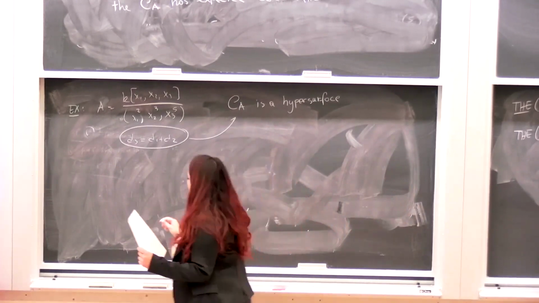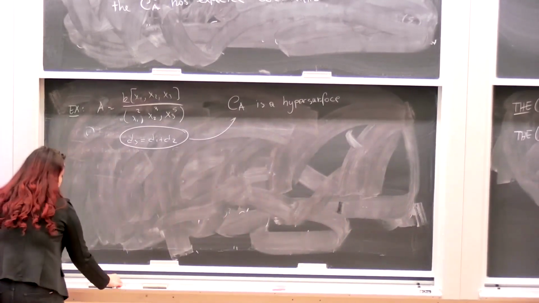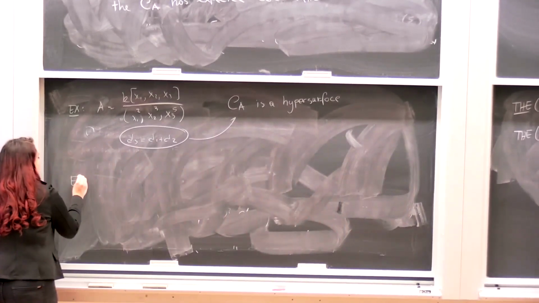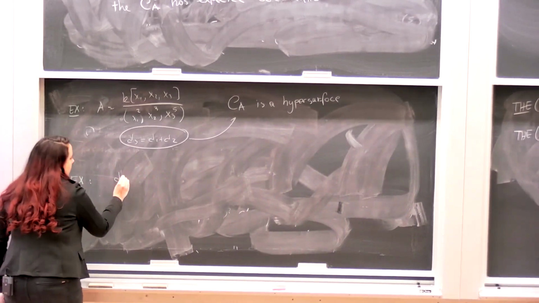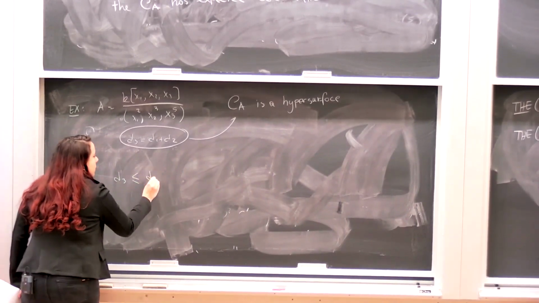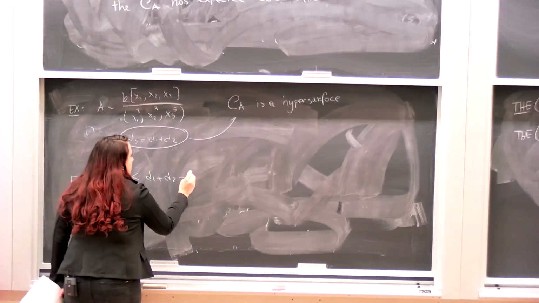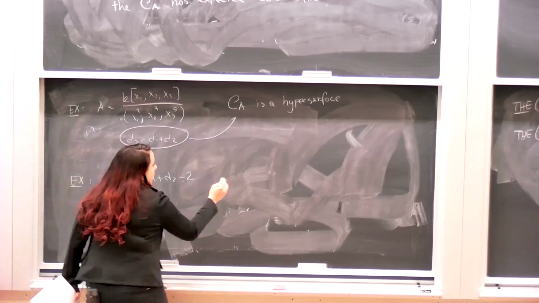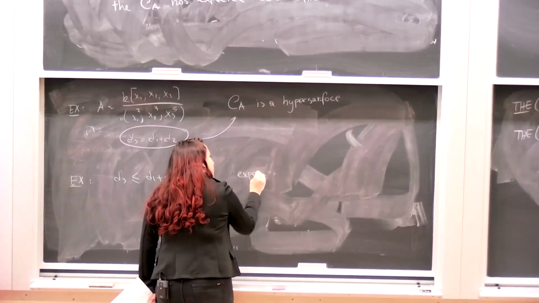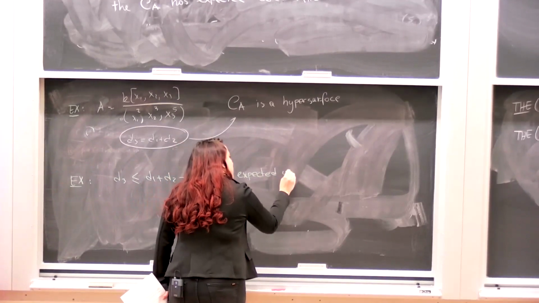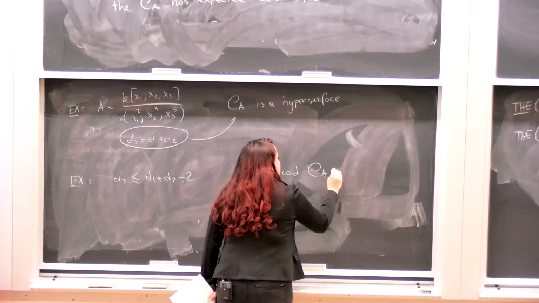So, for example, now we are looking at the case where d3 is less than or equal to d1 plus d2 minus 2. And here the expected codimension is 3.